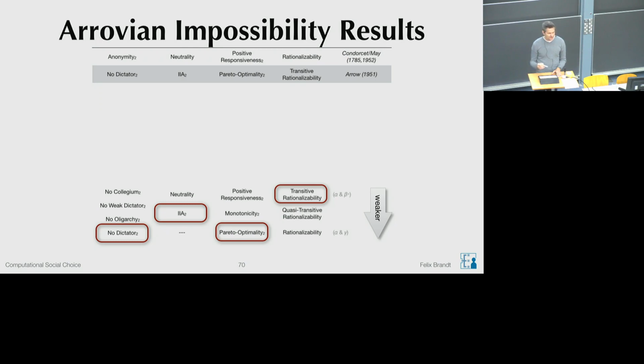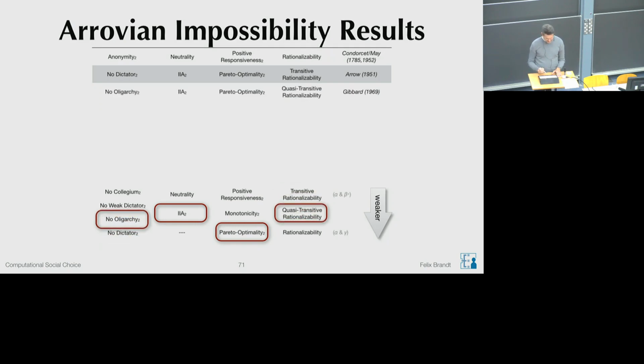Okay, and now what people have been doing is that, for instance, this is a theorem that has been reproved by many people at the same time, so they independently found the same statement because there was this open question of what happens if you only have quasi-transitive rationalizability. If that's the case, then we also get a negative result. We don't necessarily get a dictator. So Arrow's theorem is really very efficient, in that you need exactly those conditions. Once we move one condition stronger, you need to make something else stronger in order to still get an impossibility.